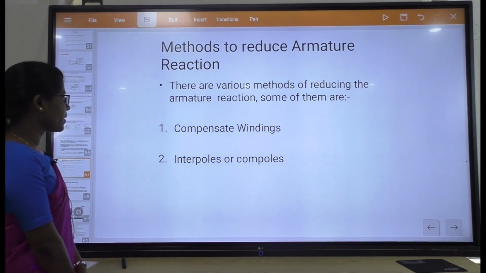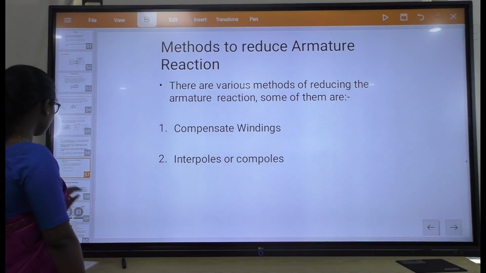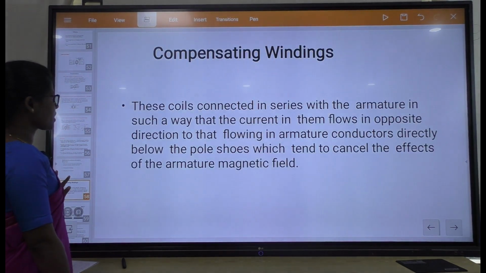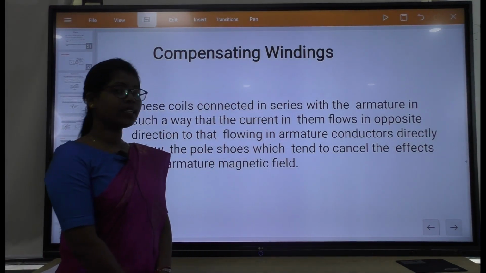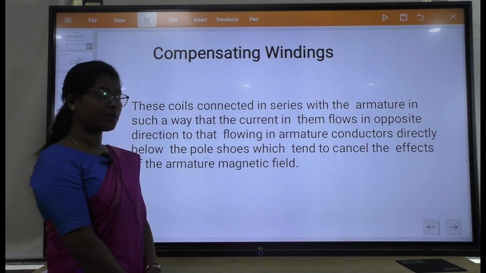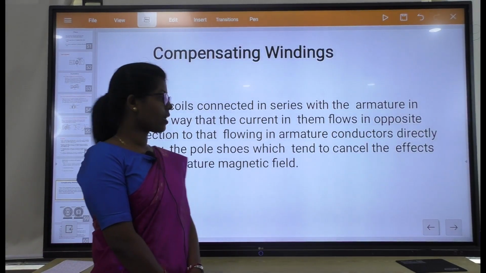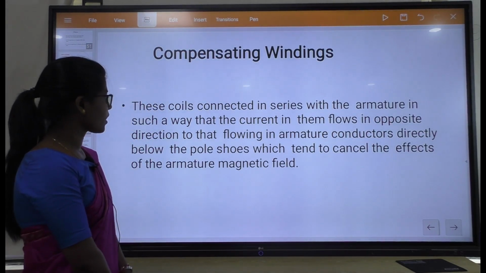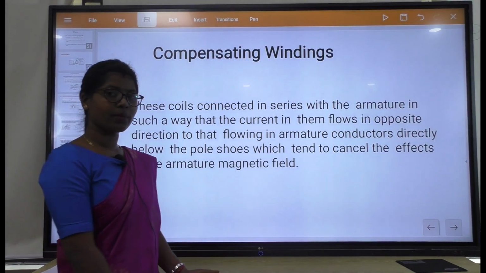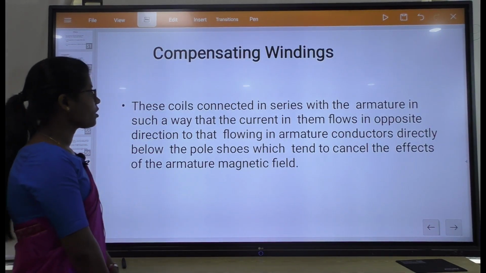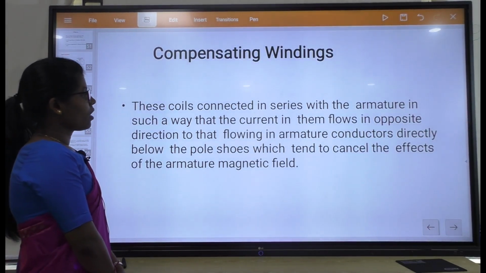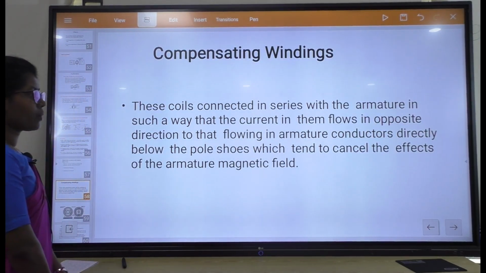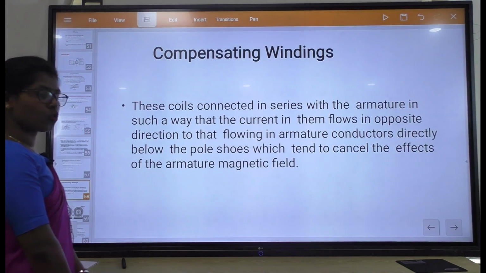So, what are compensating windings? These are the coils which are connected in series with the armature conductors so that they carry full armature current and flow in the opposite direction to the current flowing in the armature conductors directly below the pole shoes.